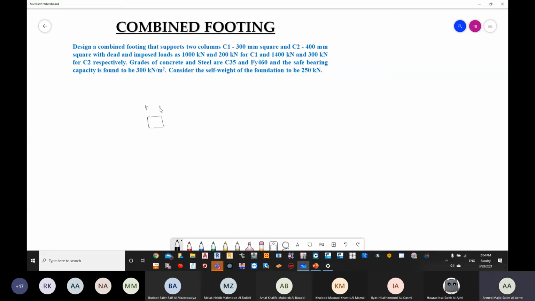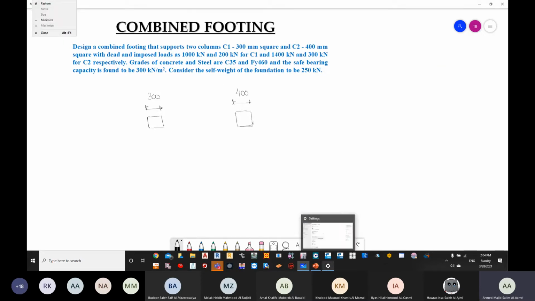So once again, we have two columns. This is 300. And then we have another column, which is 400. Just one second, there's one piece of information which is missing: the distance, which is not given here.